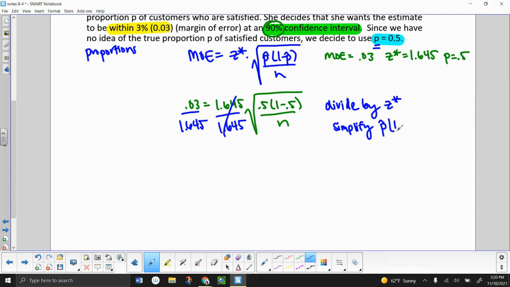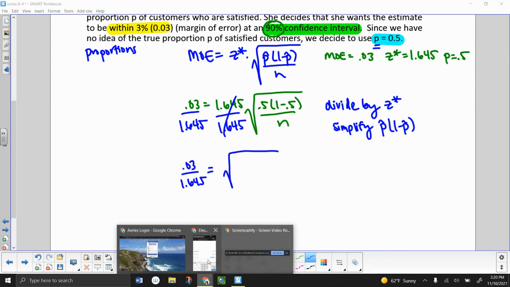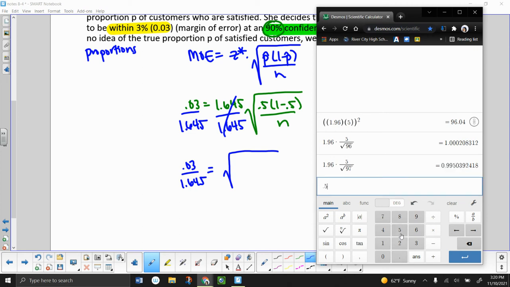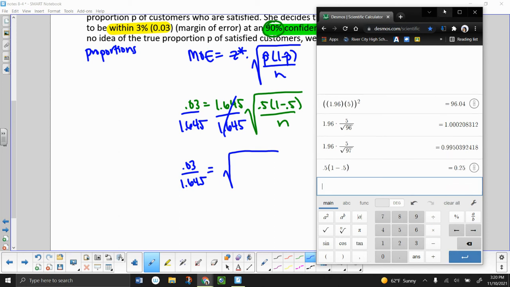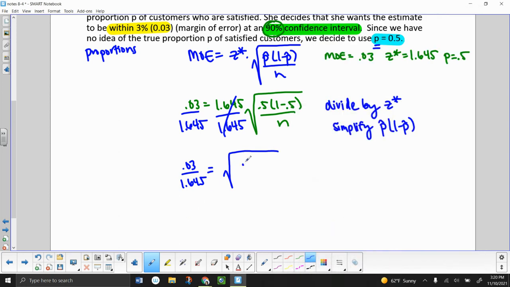That value is P hat times 1 minus P hat, or in this case, P. So on the left-hand side, we have 0.03 over 1.645 is equal to the square root. If we do 0.5 times 1 minus 0.5, we get 0.25. So the numerator here is going to be 0.25 over N.